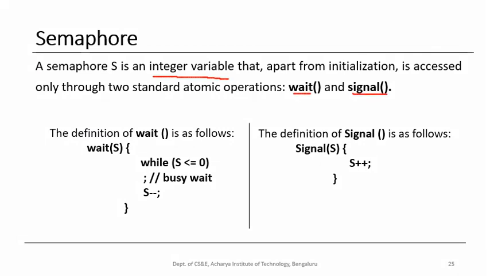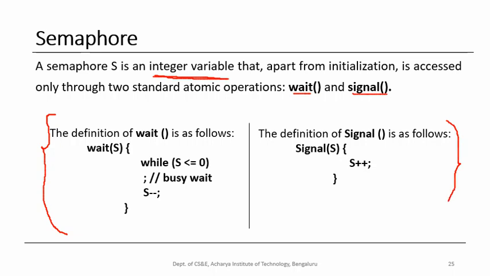Now you might be wondering, just an integer variable, how could this solve the problem of critical section? We will take a look at it with an example and see how this helps us in process synchronization. Before that, you have to understand clearly what is the wait operation and what is the signal operation.